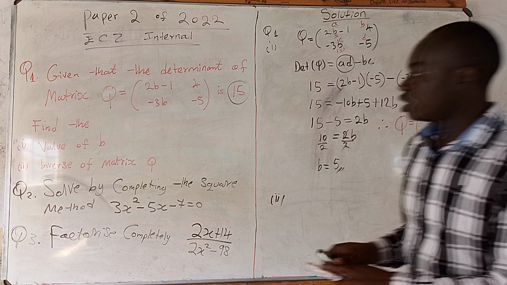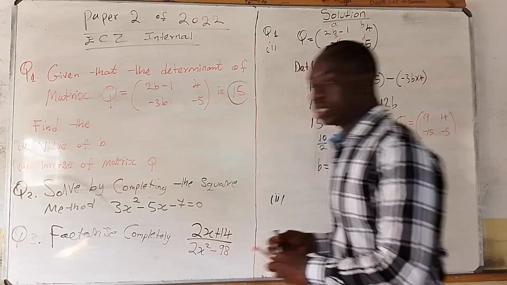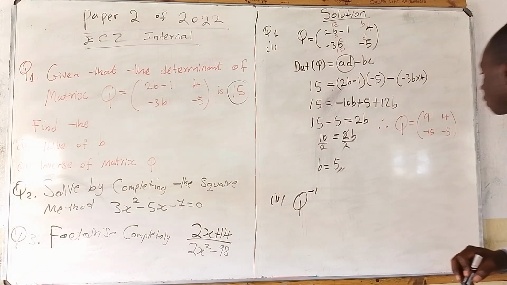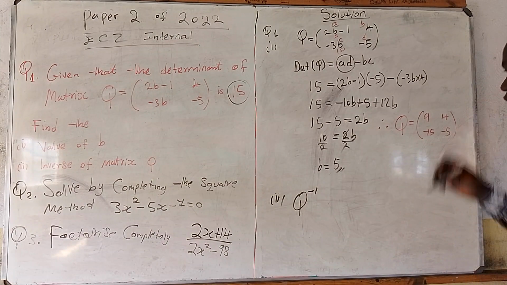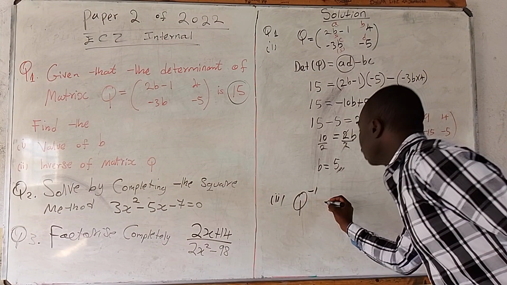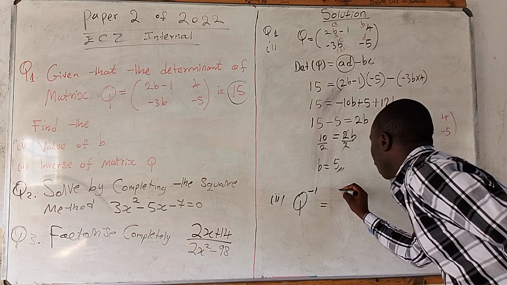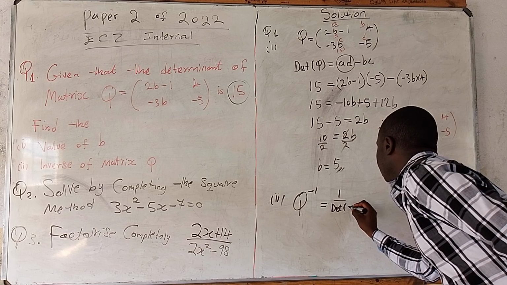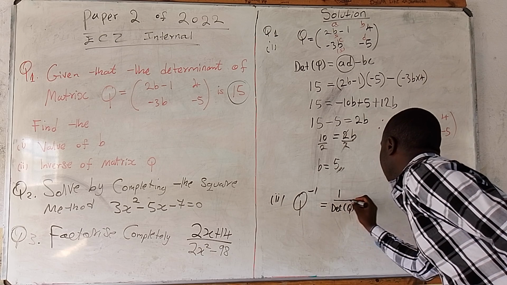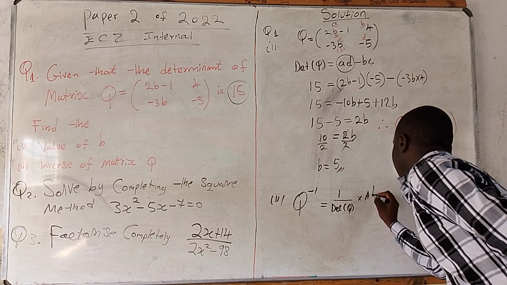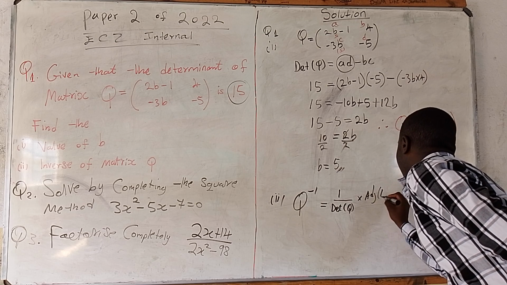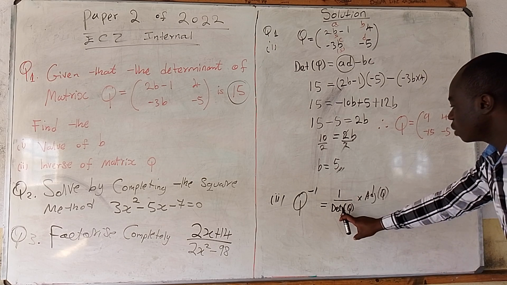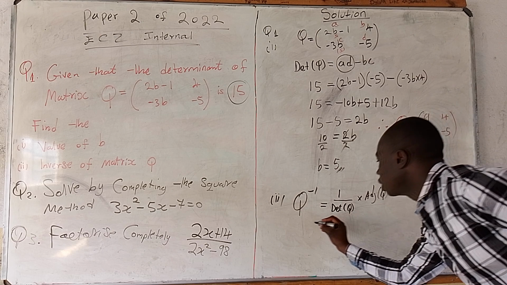Now we need to find the inverse of matrix Q. This simply means we need Q inverse. To find Q inverse, first of all, we know that the inverse of Q can be found by having 1 over the determinant of matrix Q, multiplied by the adjoint matrix of matrix Q. So the determinant we have is 15, so we can substitute.